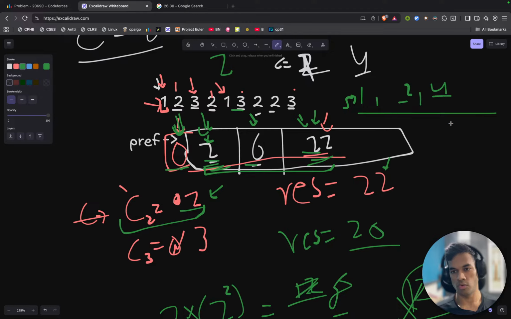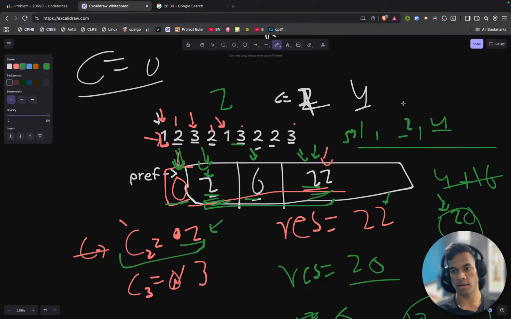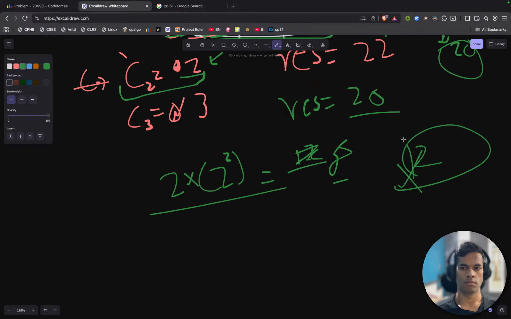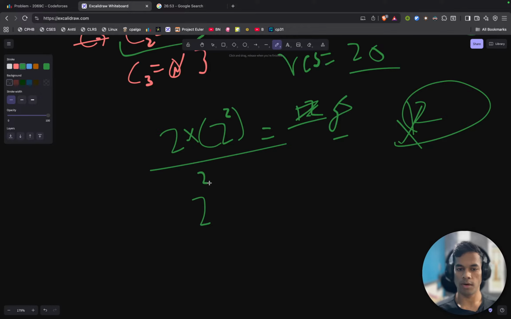Now 2 power 2 plus 2 power 4, 16, which is equal to 20, and from 20 we will subtract 2 power 2 from here, and 2 power 2 from here, 2 power 4. Wait, 2 power 2 minus 2 here, and 2 power 4 minus 2 here.